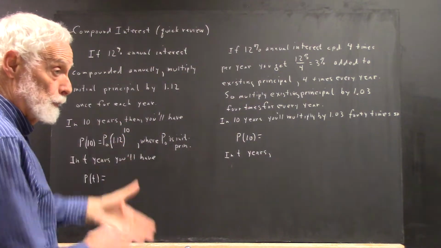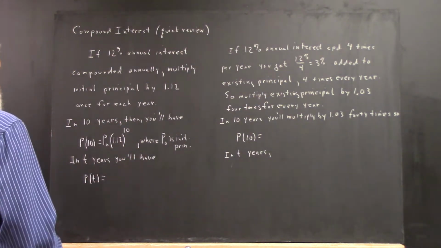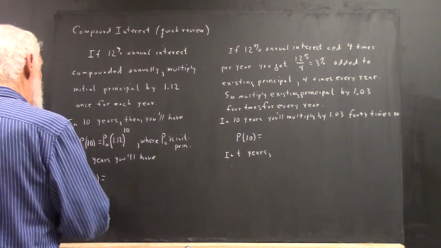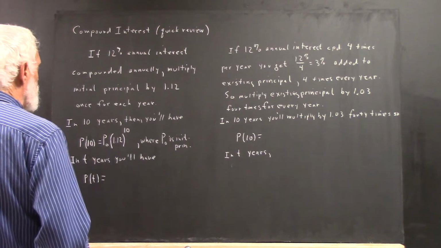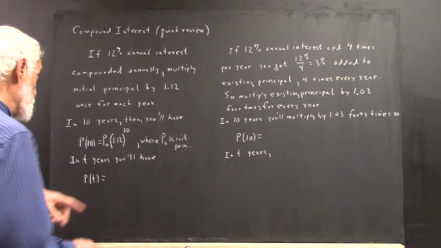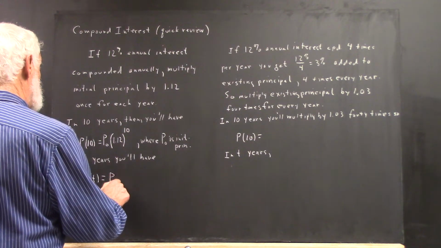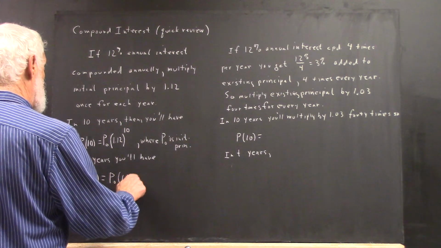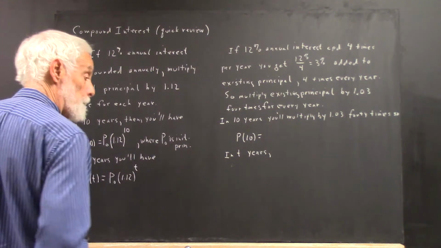And that's real easy to compute with a calculator. It's not too hard to estimate. Okay, and P of t, that's your principal after t years. It's just going to be P naught times 1.12 raised to the t.